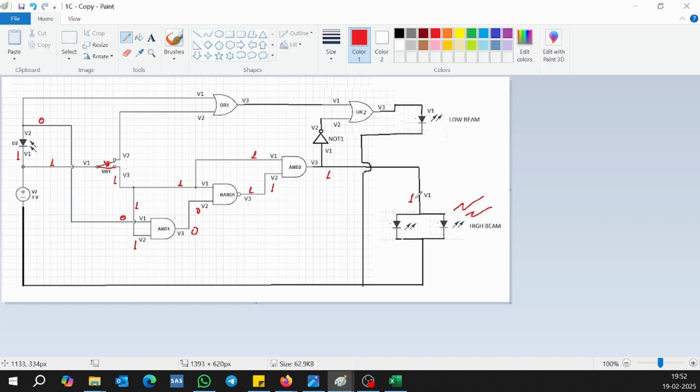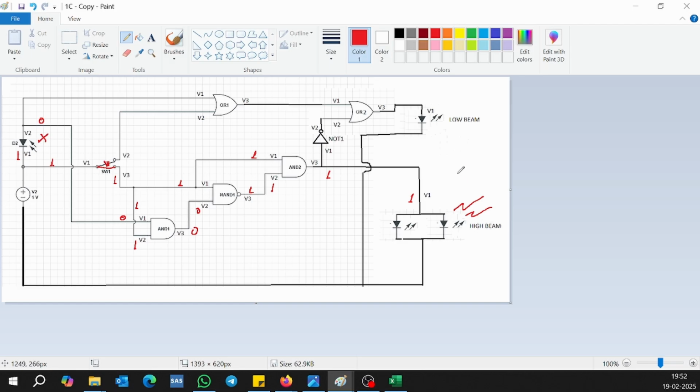So that is the first scenario, when the driver has just put the switch to high beam and there is no opposite vehicle coming which will hit a beam onto your light sensor. There is no beam hitting this light sensor, so in that case you will get a high beam in your vehicle.